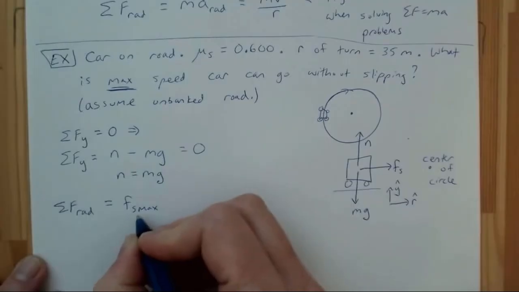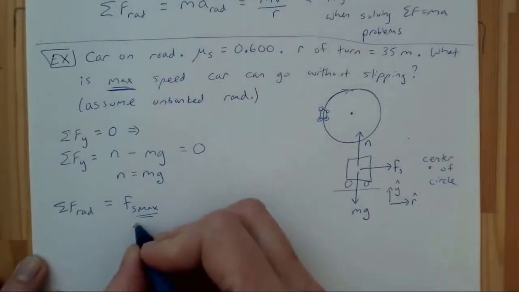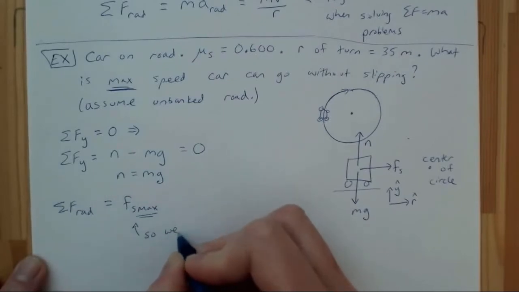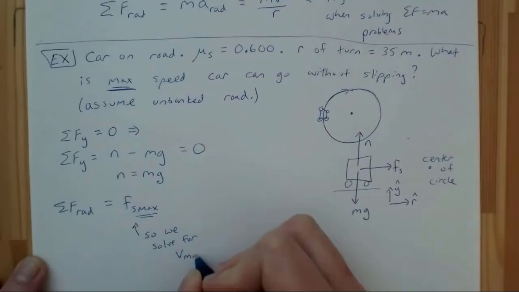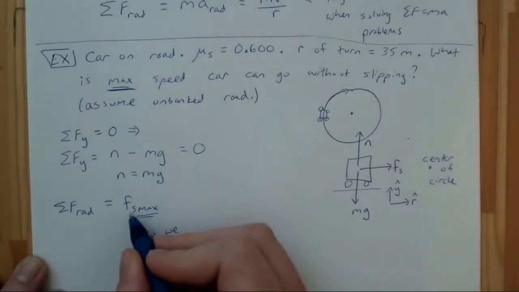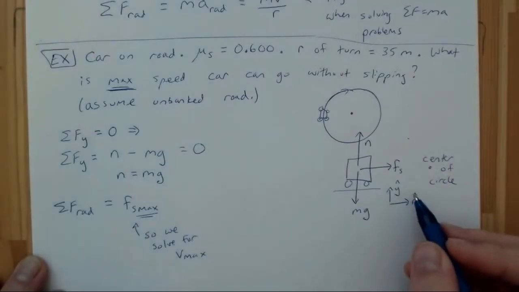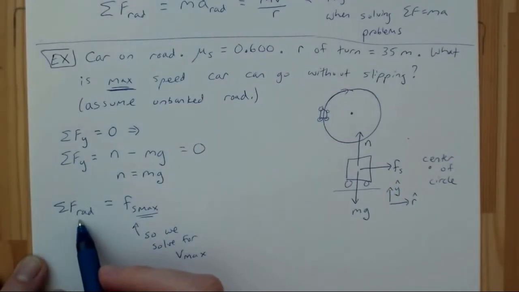So we want to know where the maximum static friction is, and then basically we can solve for the maximum speed that will apply. Okay, so the force of static friction, that is what's acting, and it's the only one. So there's my sum of my individual forces.